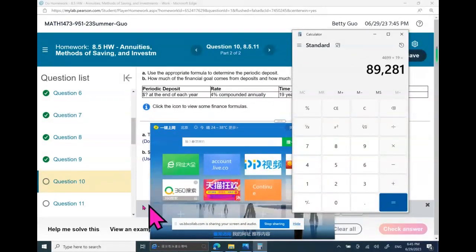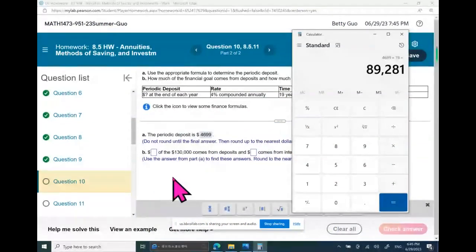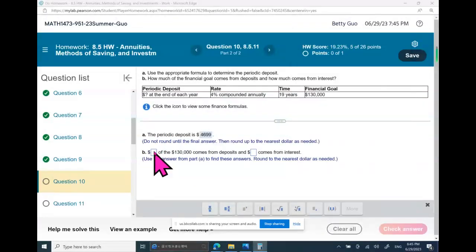And that's the money you have been contributing. So $89,281 comes from the deposit. Let me enter the answer: 89281. And the rest of the money comes from the interest.